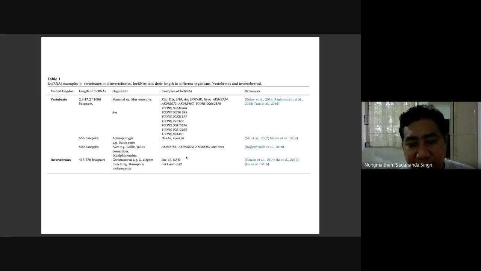And even in invertebrates, in worms, you can see some of these long non-coding RNAs. For long non-coding RNAs, the transcriptional units are seen to be conserved, but if you look at the human long non-coding RNAs, around 20 to 30% are very unique to humans.